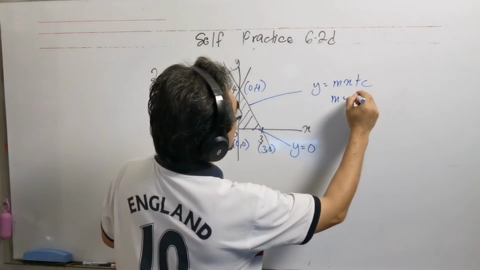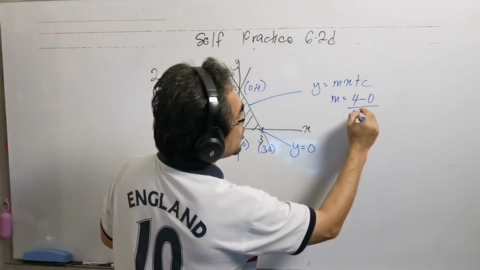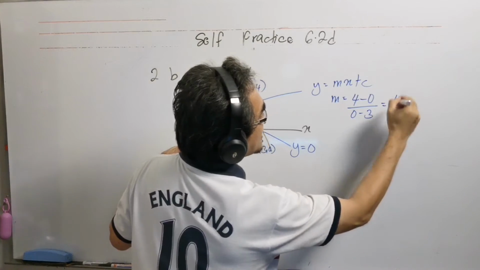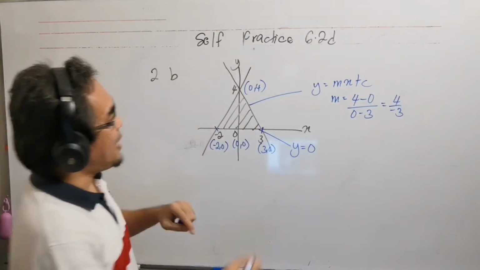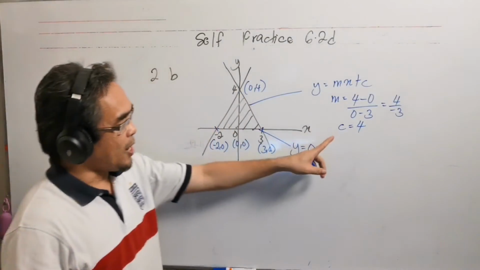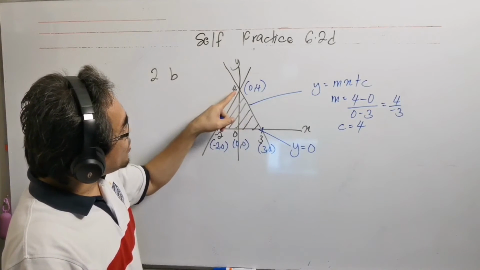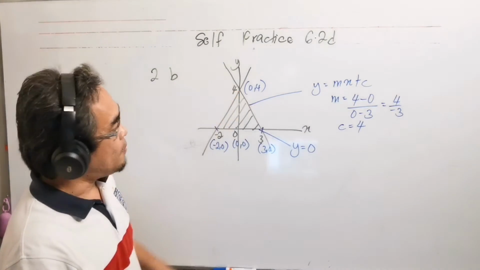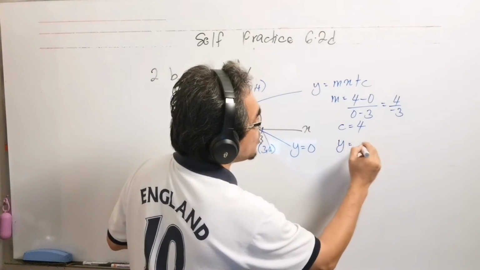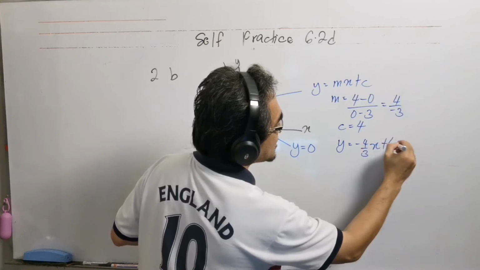So you could use 4 minus 0 over 0 minus 3, which is 4 over negative 3. And the value of c is 4. You understand where I get this? Because this line intersects the y-axis at 4. So the equation of the straight line is y equals negative 4 over 3x plus 4.